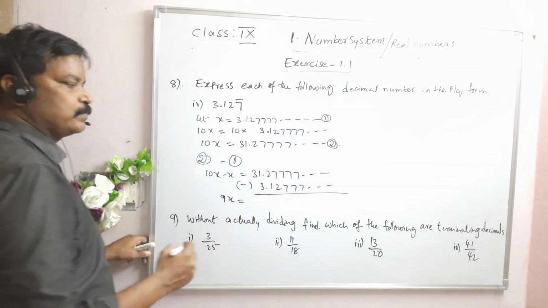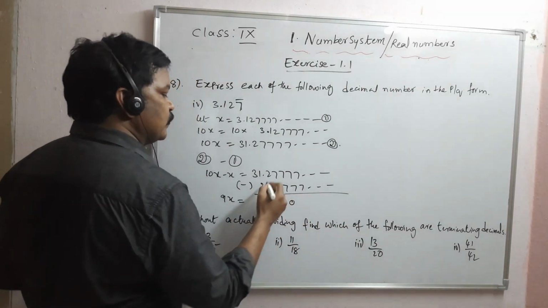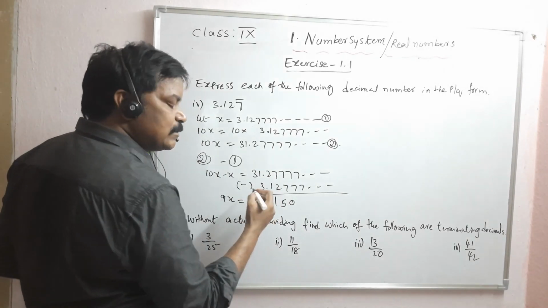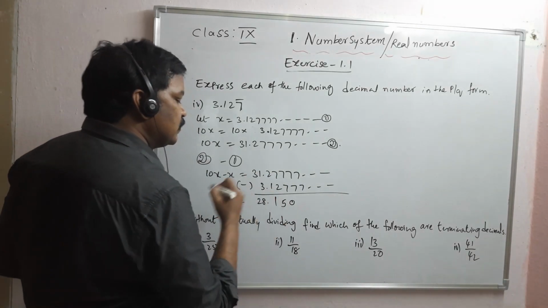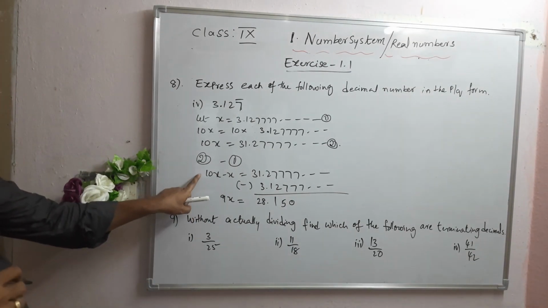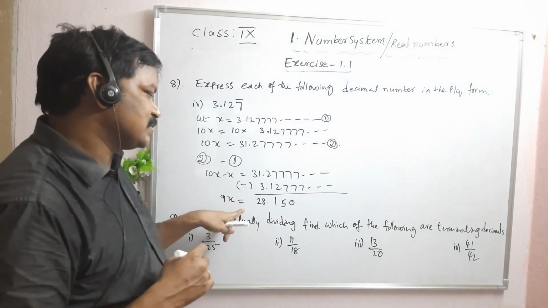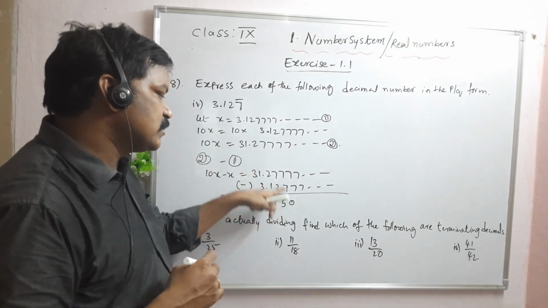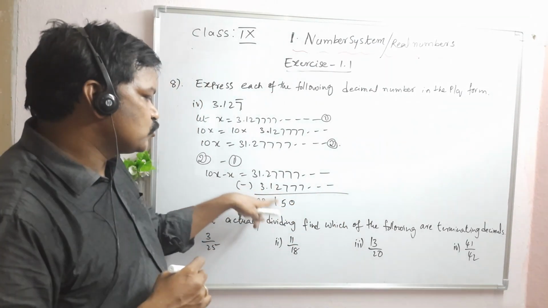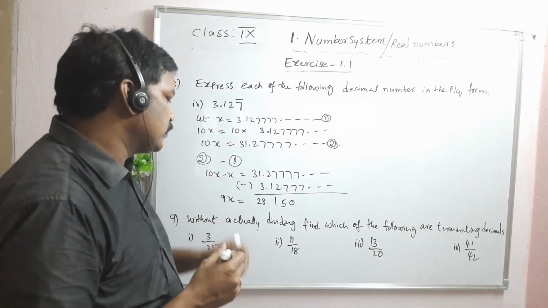Here 7 minus 7, 7 minus 7, 7 minus 7, you all get 0. 7 minus 2 is 5. 2 minus 1 is 1. 31 minus 3 is 28. That is 28.15. Understand?